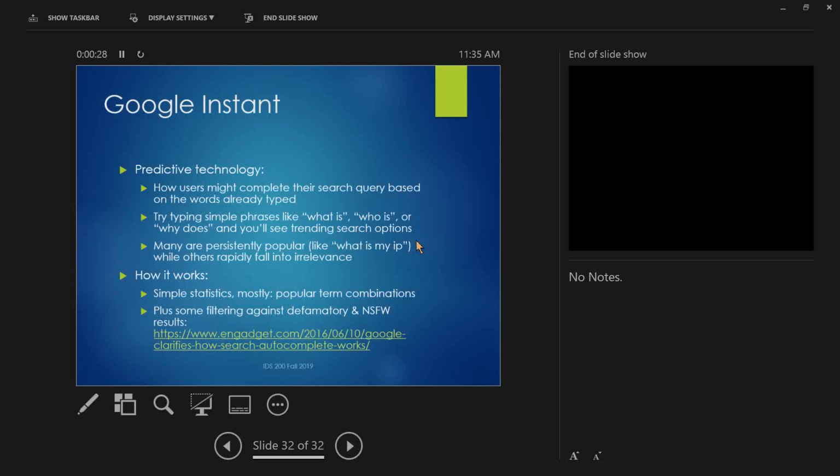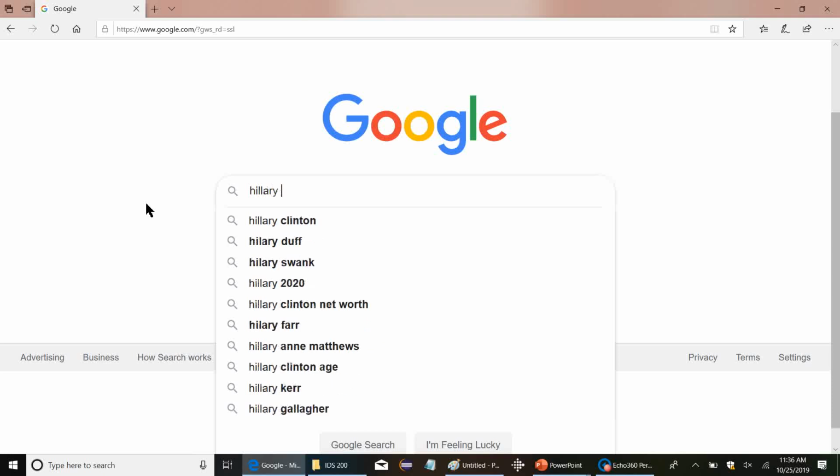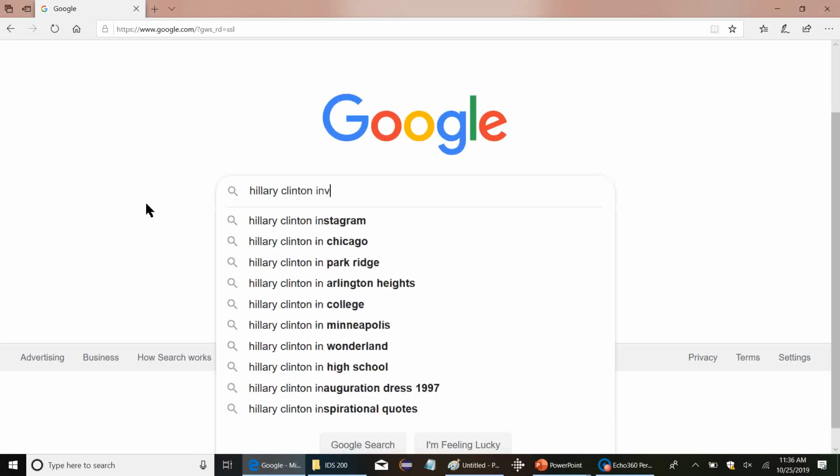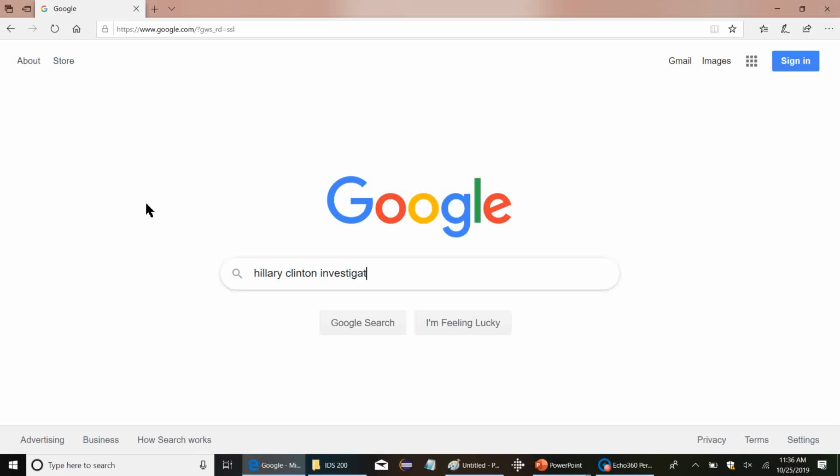In the summer of 2016, you guys remember Hillary Clinton, right? There was a thing with the emails, where if you Googled Hillary Clinton and started looking up investigation, because there was the email investigation going on, Google Instant just kind of quit working on you.